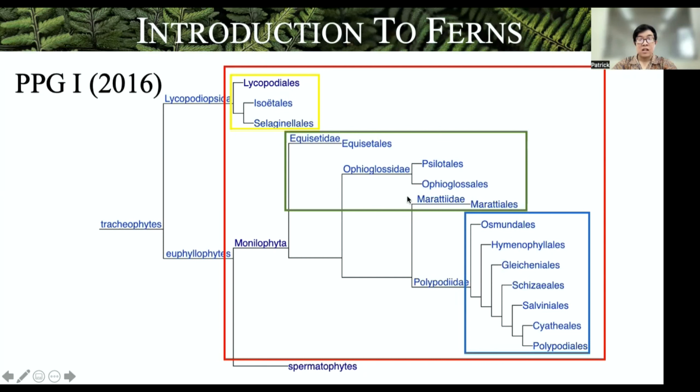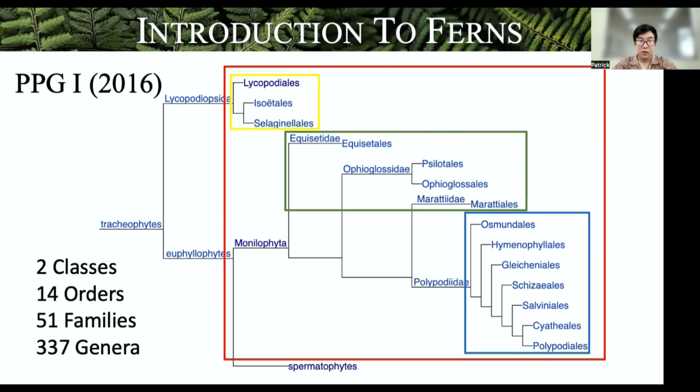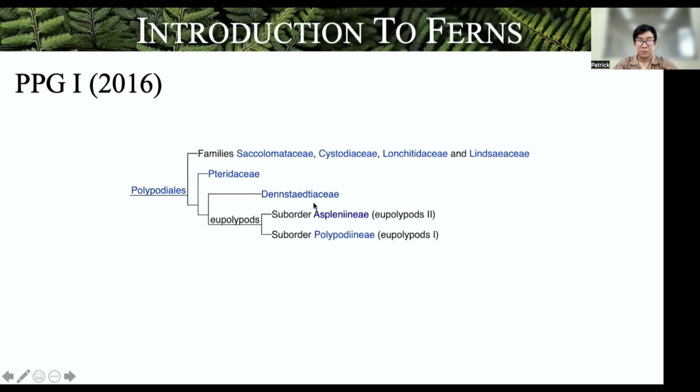So the eusporangiates are actually polyphyletic because their common ancestor presumably did not share the same character as them, or they were presumed to be convergent to one another. So the PPG1 of 2016 recognizes two classes, 14 orders, and 51 families. Since then, there have been several additions of these taxa.